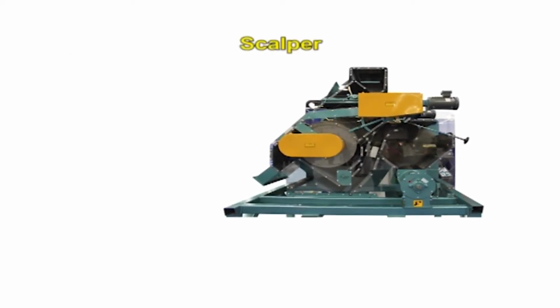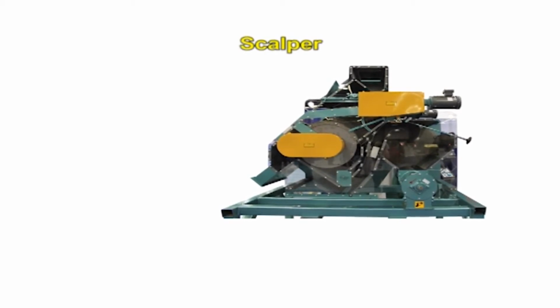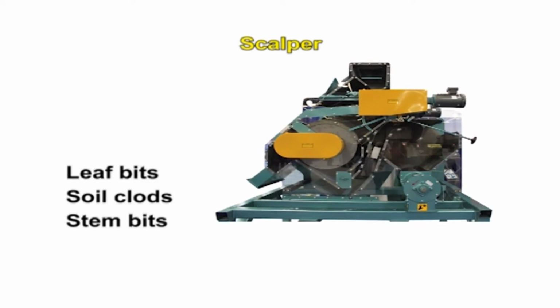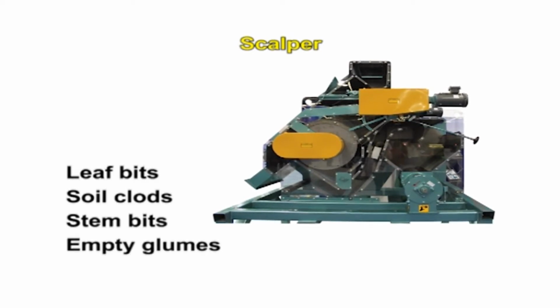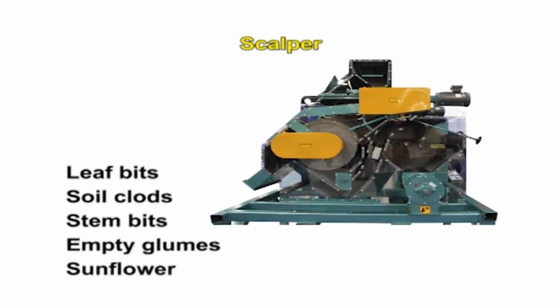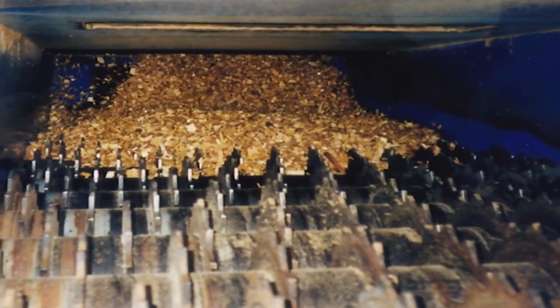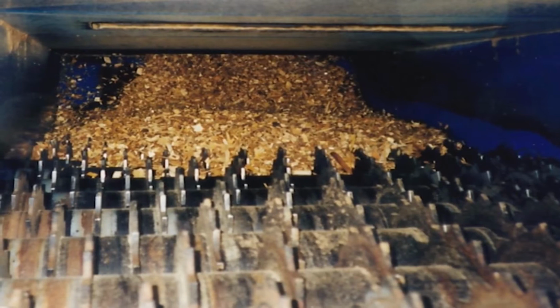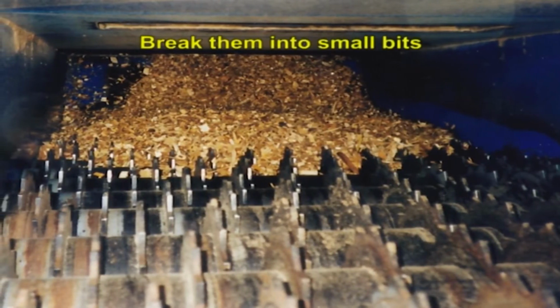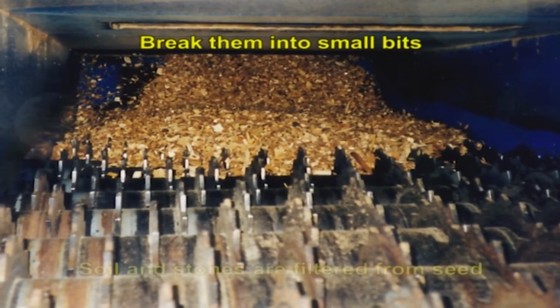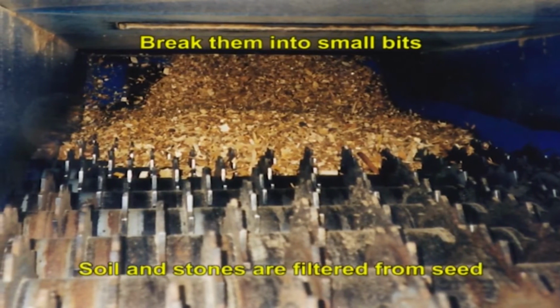Scalpers are those that remove large trash like leaf bits, soil clods, stem bits, empty glumes found in paddy and sunflower. This basically consists of rollers that crush the soil clods and break them into small bits. These then pass over sieves where the soil and stones are filtered from seeds.